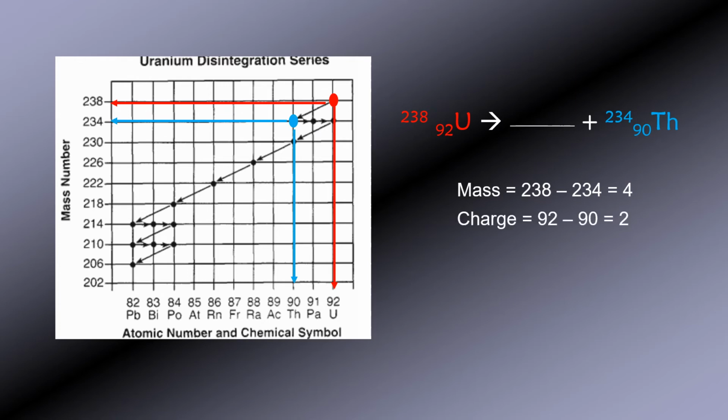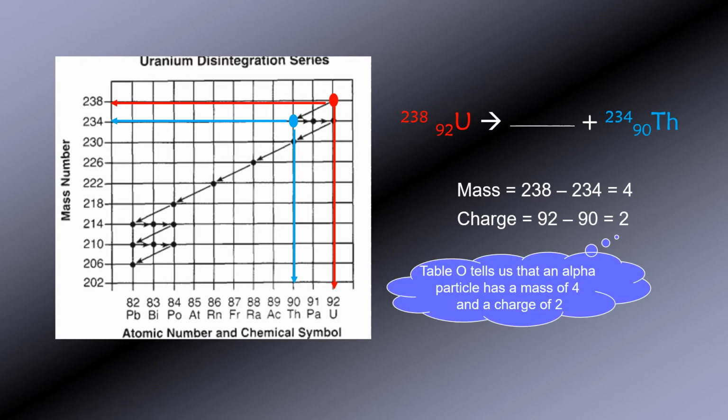And then you'll do for the charge 92 minus 90, which will give you a charge of 2 for your missing product. So now you go to Table O and you see which one of those 6 decay particles has a mass of 4 and a charge of 2. And that turns out to be an alpha particle. So your answer will be an alpha particle, which is represented by helium with a mass of 4, charge of 2.